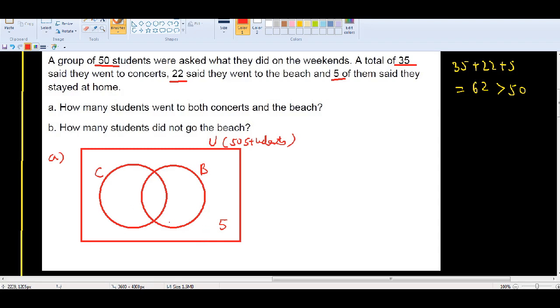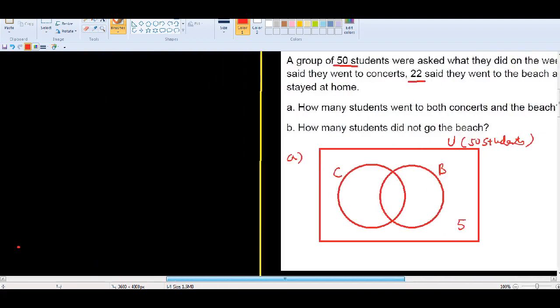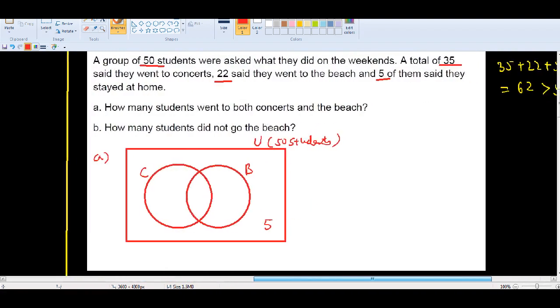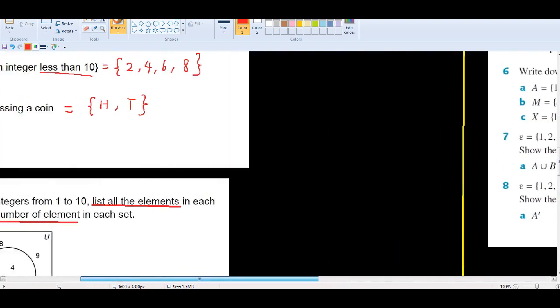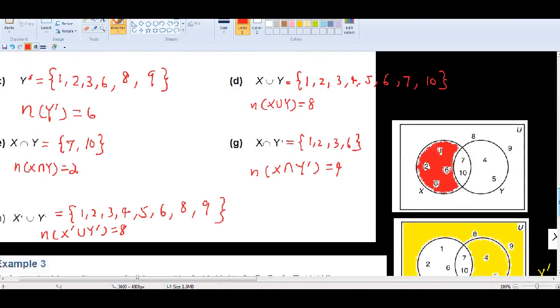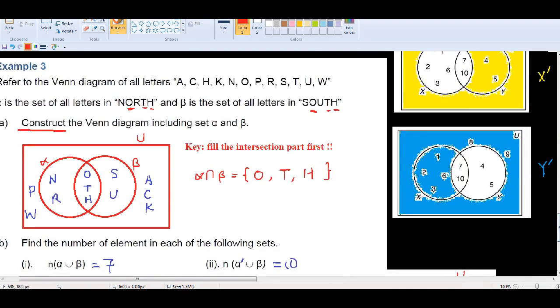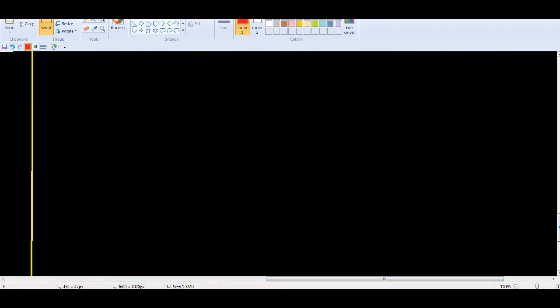So how could we construct this? Like what we've done before. In the previous question, I reminded you, whenever you do your Venn diagram like this, the key is always fill the intersection part first. So I'm going to use that key again for this question.